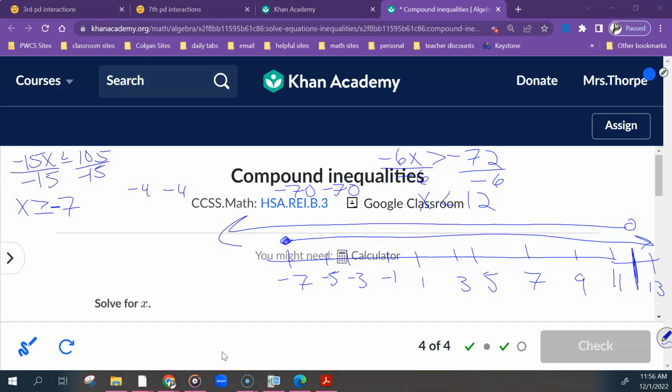So this is true everywhere greater than negative 7. This is also true everywhere less than 12. So because that would take up everywhere, because past 12, this is going to keep going. Past negative 7, this one keeps going. It would be true everywhere. So this would be an all.